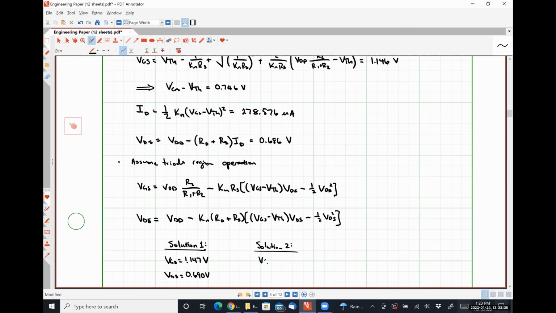The second solution is VGS is equal to 1.278 volts and VDS is 1.738 volts. Which one's correct?